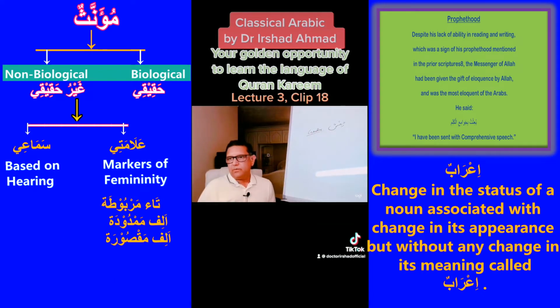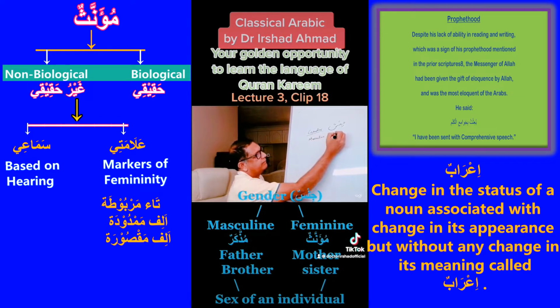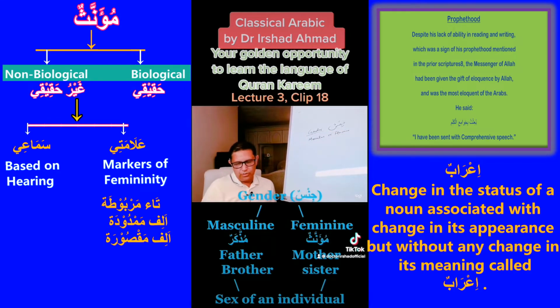From the gender point of view, a noun is either masculine or feminine. There is no neutral gender in Arabic. So masculine, we can say, for example, father, brother.